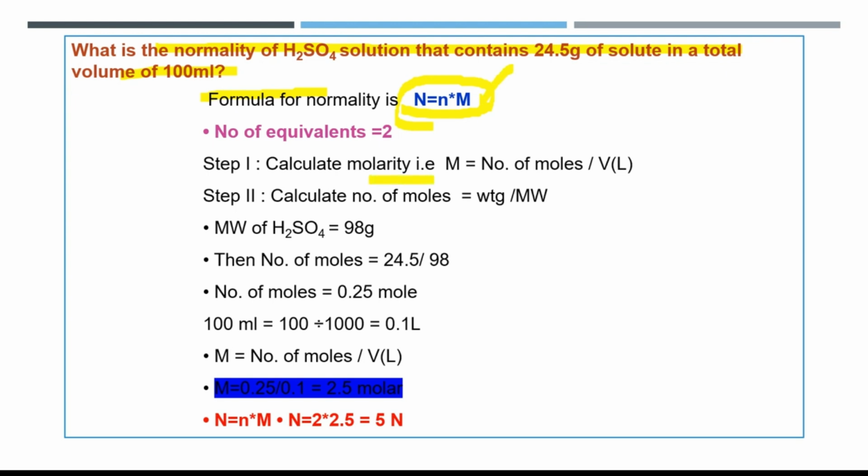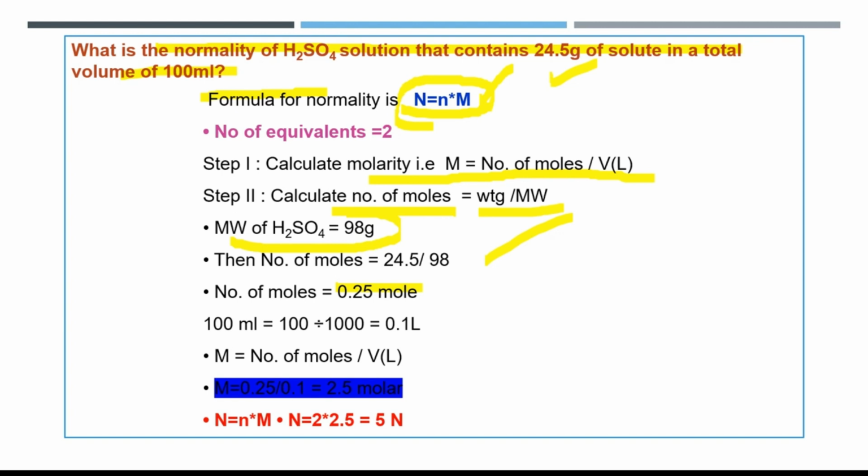Molarity is equal to number of moles divided by volume in liter, and number of moles is equal to weight of the solute divided by molecular weight. The given weight of solute is 24.5 gram and the molecular weight of H2SO4 is 98 gram. Then the number of moles is 24.5 divided by 98, which is 0.25 moles.